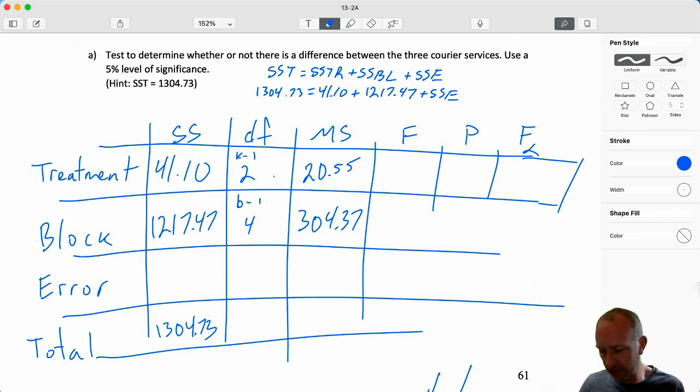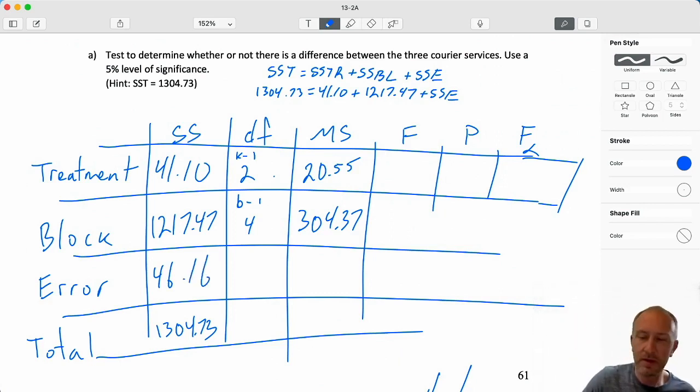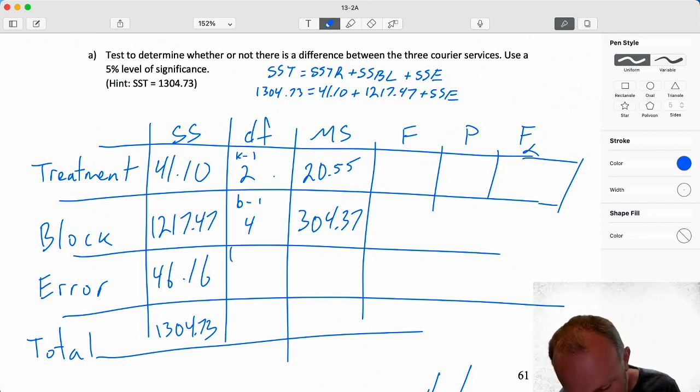That's 1304.73 minus 1217.47 minus 41.1, and that gives me an error of 46.16. Good.